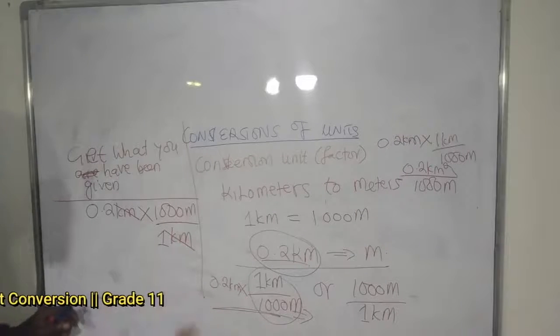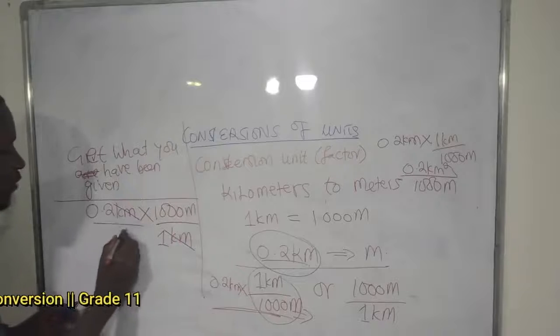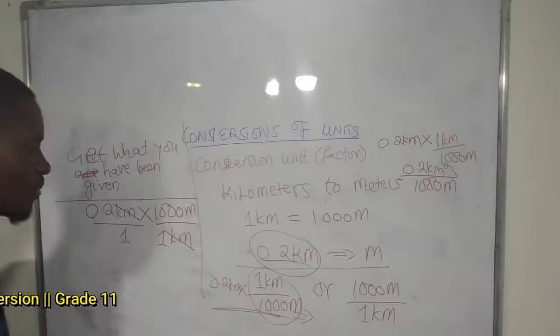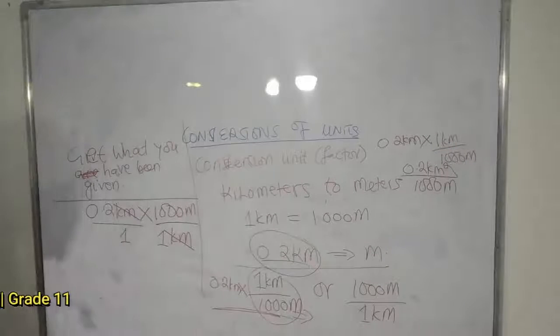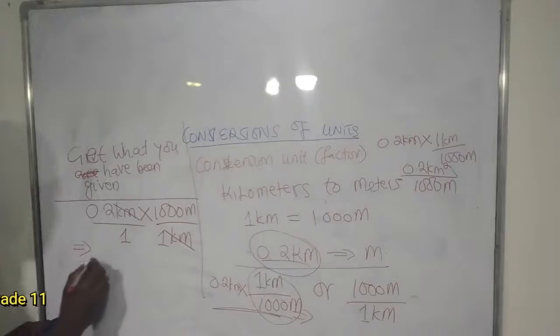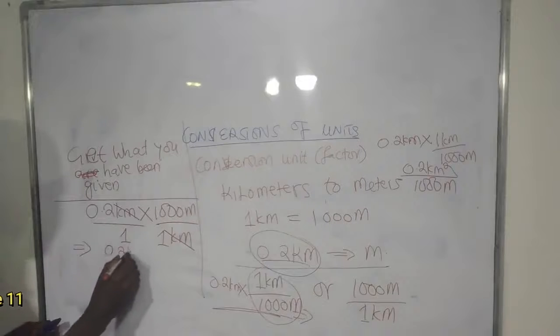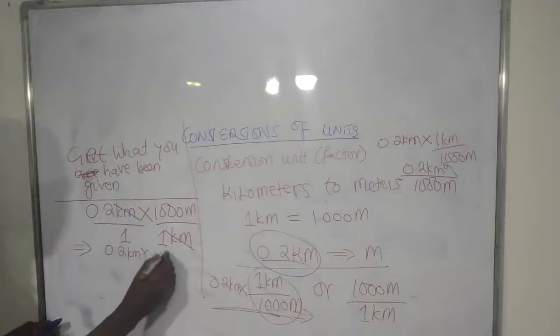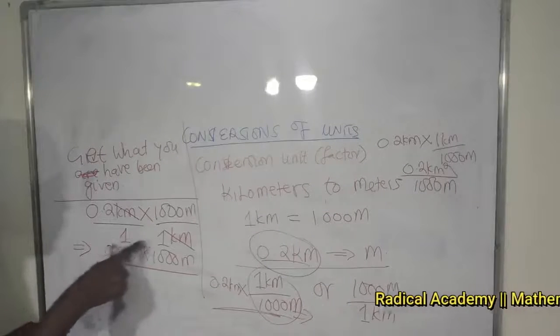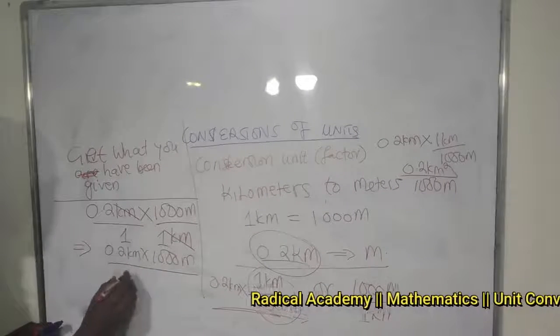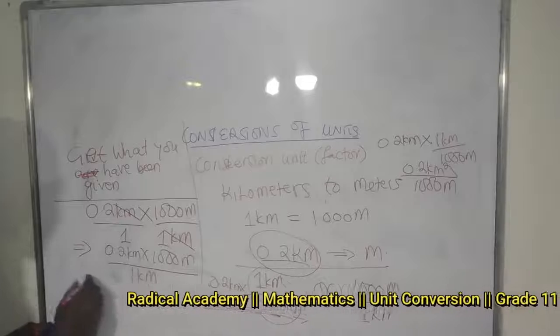You put a 1 over there just to make things look simple and direct, not confusing. So this is 0.2 kilometer multiplied by 1,000 meters over 1 kilometer.